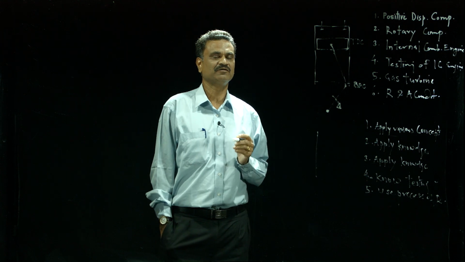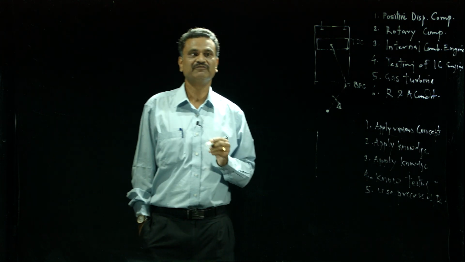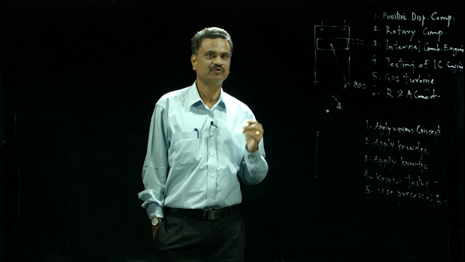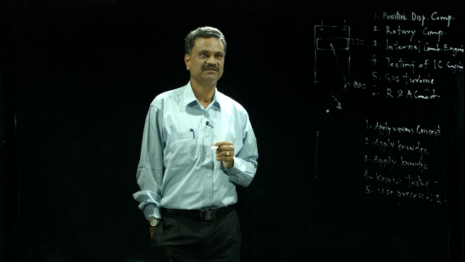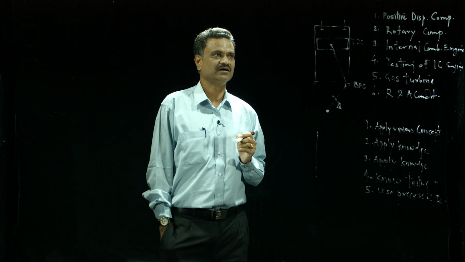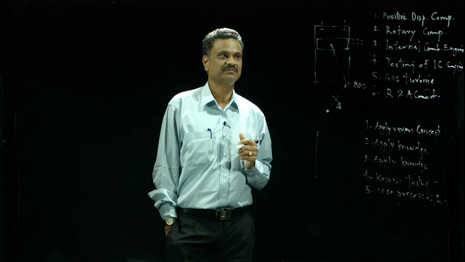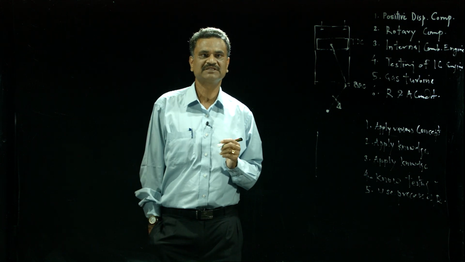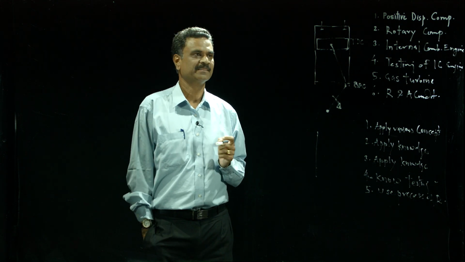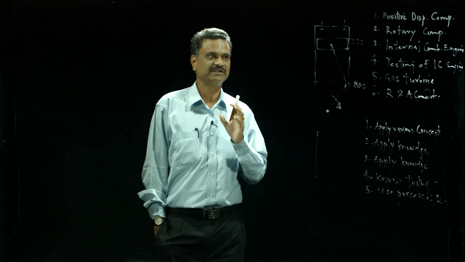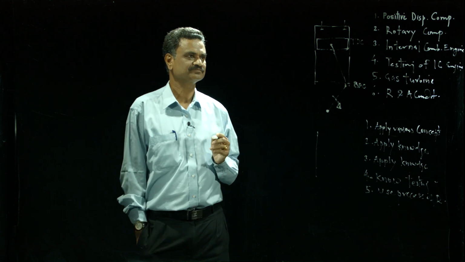In this rotary air compressor we see the working principle of the Roots blower, vane blower, screw compressor, and the very important rotary air compressors used generally for industrial purposes, that is the centrifugal compressor and the axial flow compressor. In this topic we also see various mathematical relations and problems.